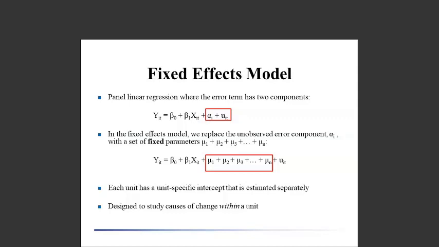Because fixed effects models control for all time invariant differences between individuals or units, estimated coefficients cannot be biased because of omitted time invariant characteristics. So fixed effects models are designed to study causes of change within a person or unit. And you can think of this as using each unit as a control for itself.